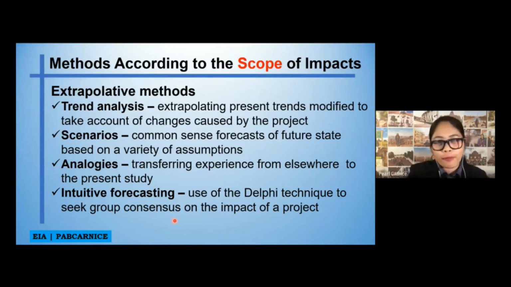And then the group, in your case you are the group, will be aggregating the results and anonymously discussing the responses of the panel of judges. And then from that, the group can aggregate which impact would probably, how can I explain it?